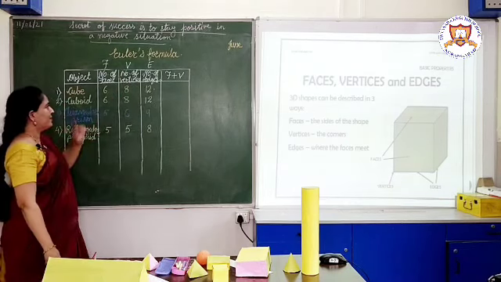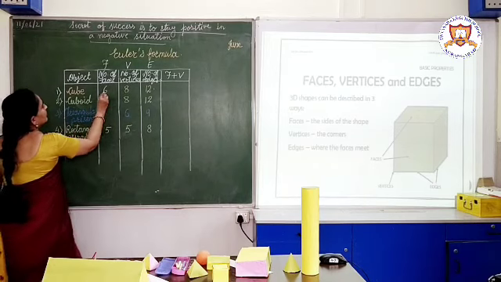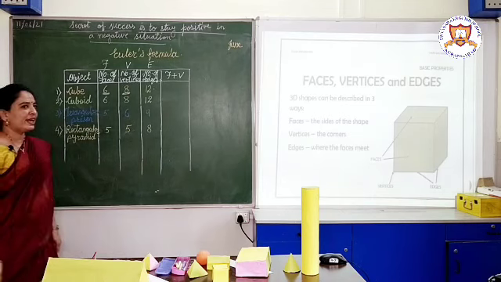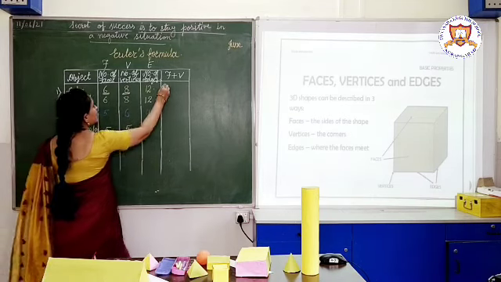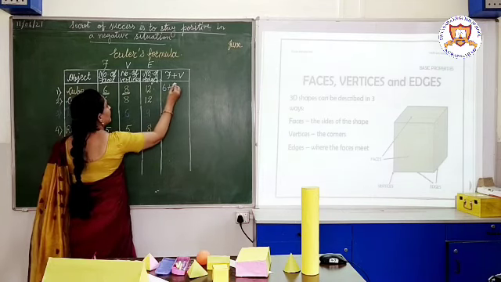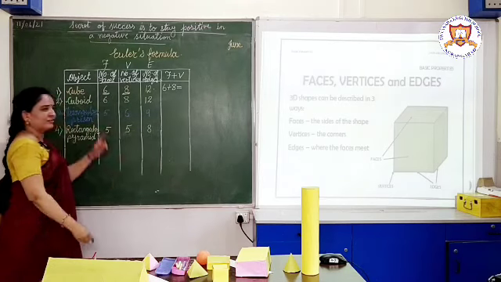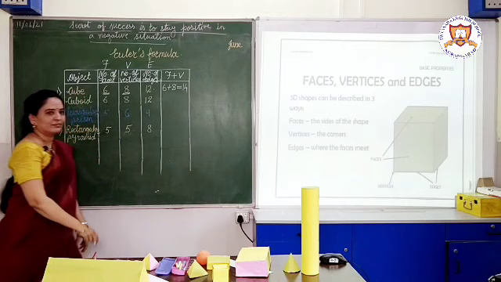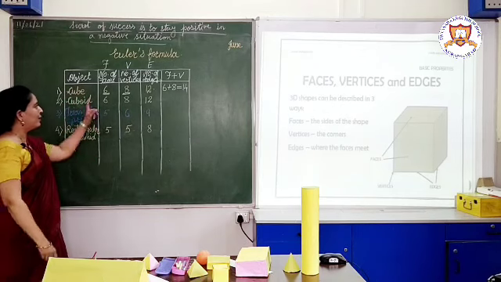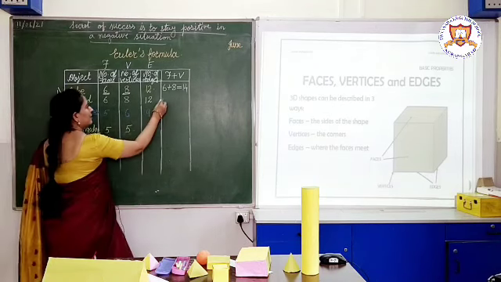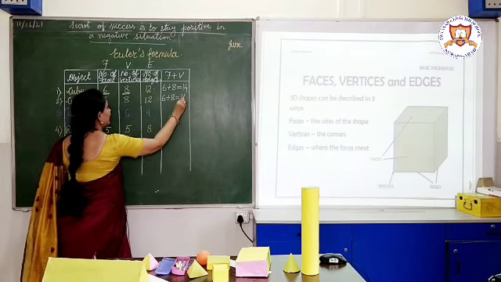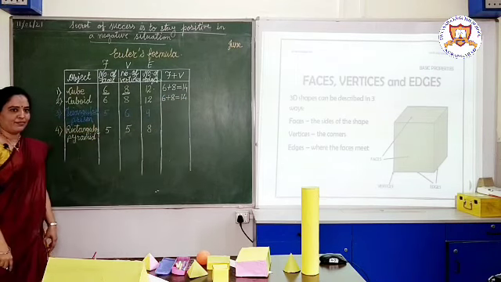Okay, so let's count F plus V for the cube. Do the addition. 6 plus 8. It is coming 14. Now do this addition for the cuboid. 6 plus 8 is 14. Yes, correct. 6 plus 8, again 14.